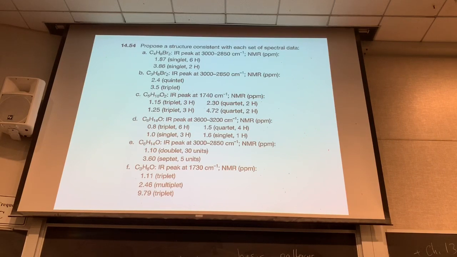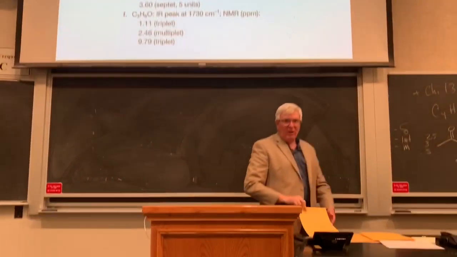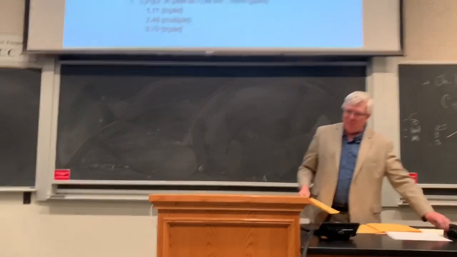If you want to pause now and give them a shot, if you haven't already, we can do a couple of these. It'll also review for test 4. We'll do more NMR, of course, and problems that way. But let's see this first one here. What do we have? Yeah, come back down to the board there.